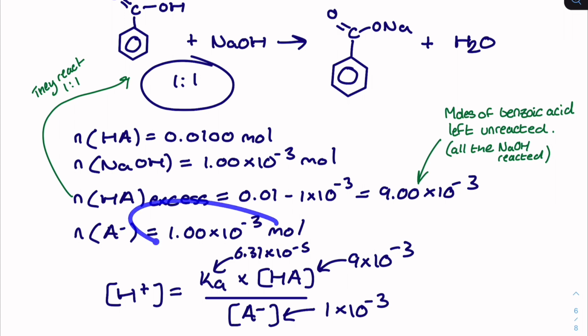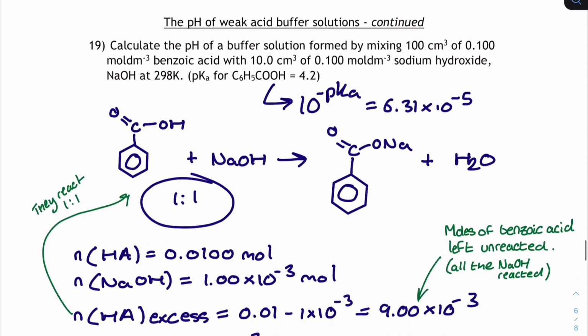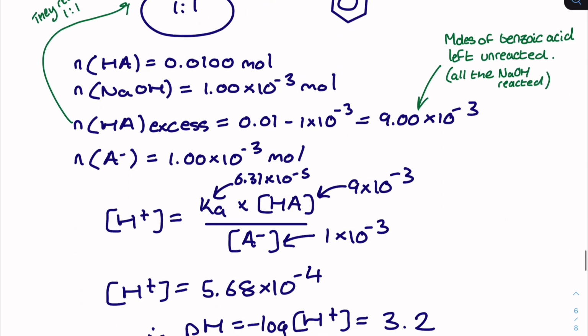Now this value and this one here, so that's for the HA and the A minus, can be at this point converted into concentrations by dividing by the final solution volume, which in this case, if we consider we had 100 centimeters cubed of the benzoic acid and 10 centimeters cubed of the sodium hydroxide, is going to be 110 centimeters cubed, over 1,000 for the calculation.